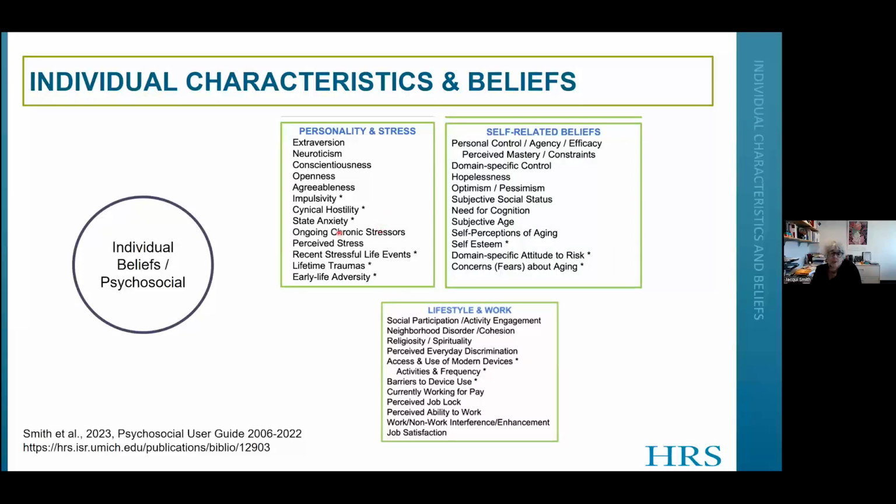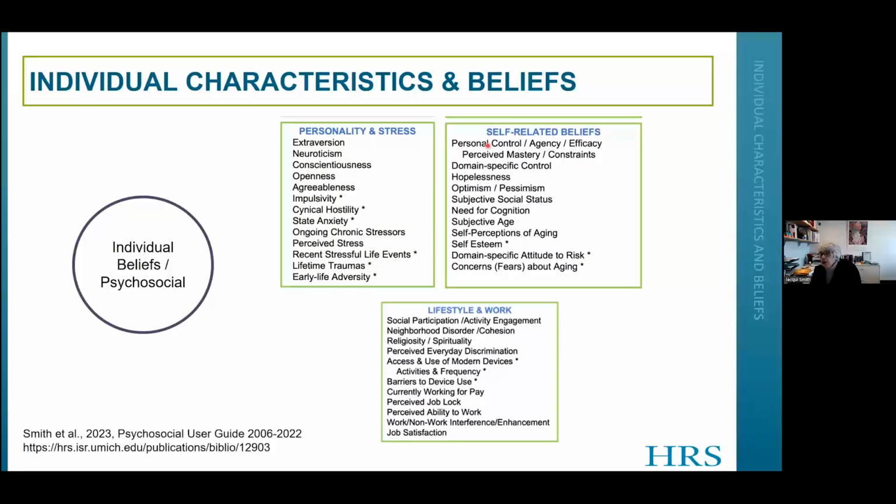Lots of measures in terms of ongoing chronic stresses, in terms of caring for a sick family member, recent life events, long-term traumas, self-related beliefs. This is really probably what you're calling coping. I call it, some different disciplines call it very different things.